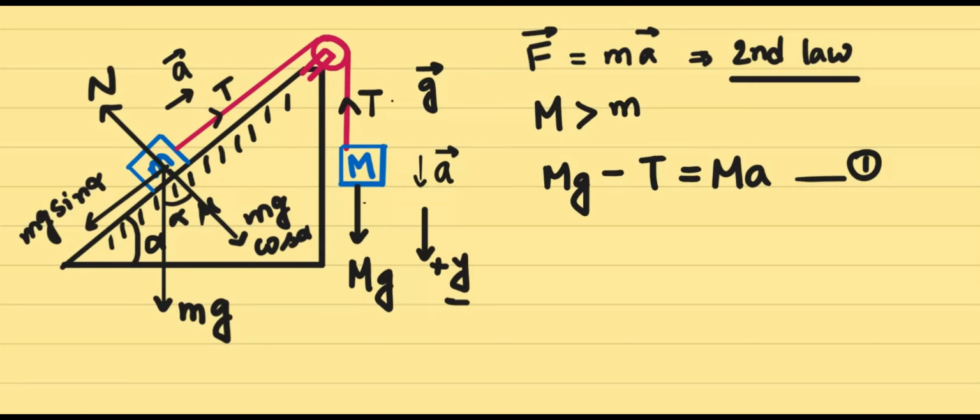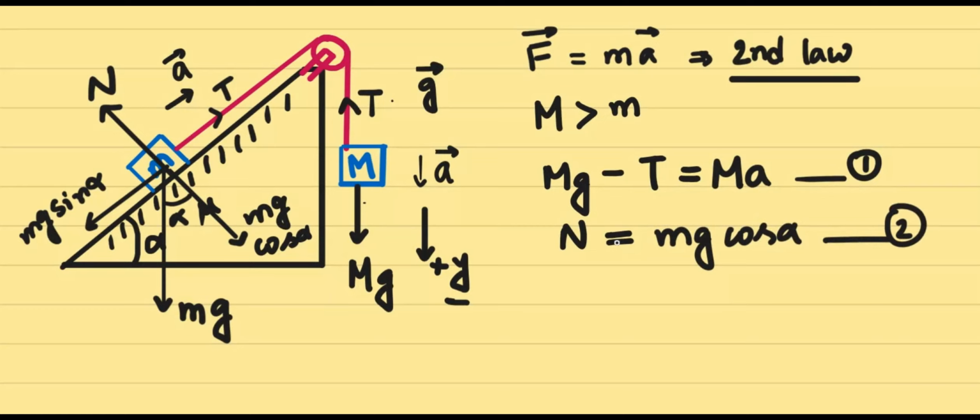So what do we have? We know that N is balanced by the force mg cosine alpha, so N equals mg cosine alpha. That's equation number 2. What else do we have? We have the gravitational force component, the tension, and of course never forget the friction along this side.